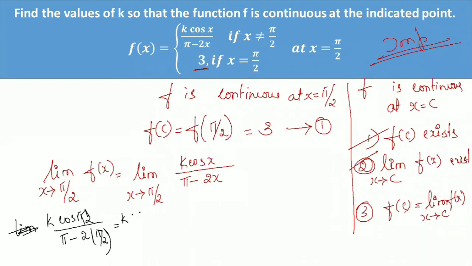It is 0. Okay, so k into 0 divided by pi minus 2 into pi by 2, which means the 2 gets cancelled. Pi minus pi. What is k into 0? Okay, it is 0. We got 0 by 0 form.